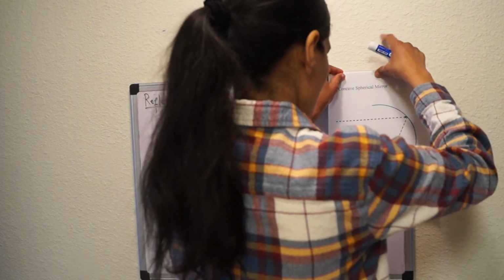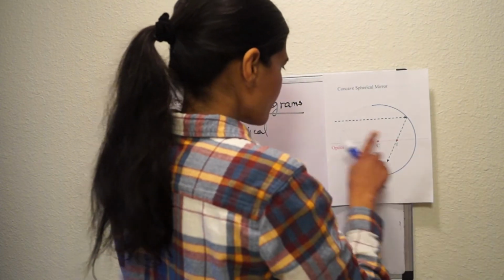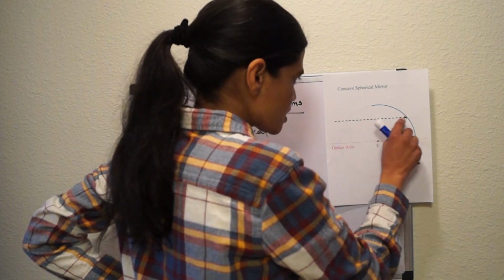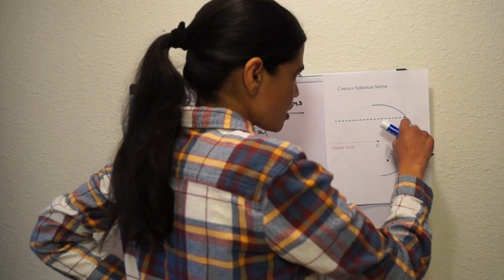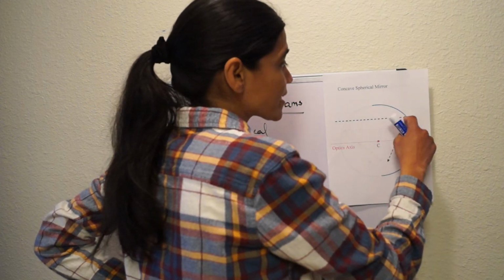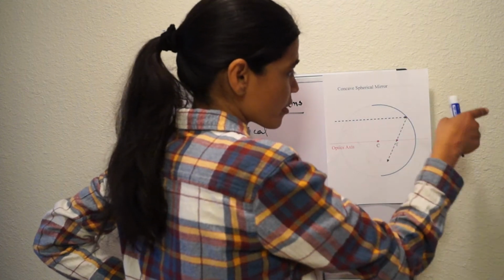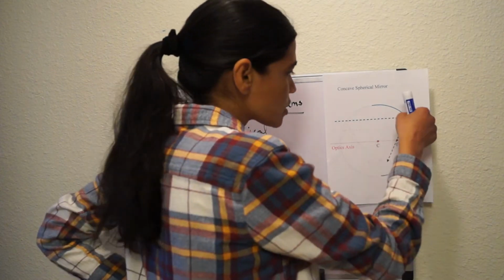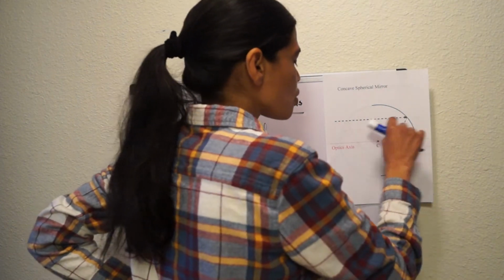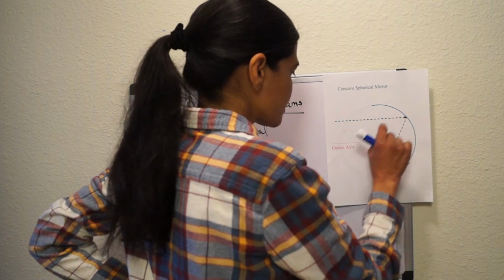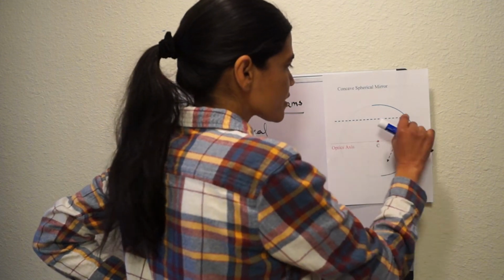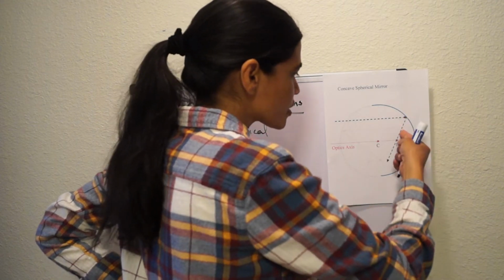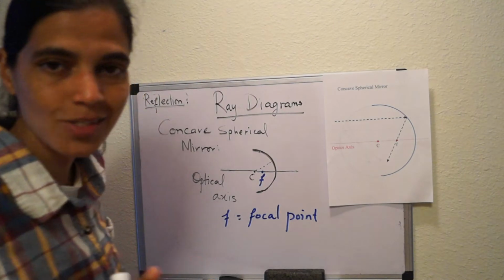Look at this diagram: if the light travels parallel to the optical axis, once it touches this mirror, remember the light cannot pass through this mirror because the mirror is polished. It cannot enter, it's not transparent. So the light has to reflect. This parallel ray of light, parallel to the optical axis, when it touches this concave mirror, is going to reflect through this focal point. This is one of the properties.